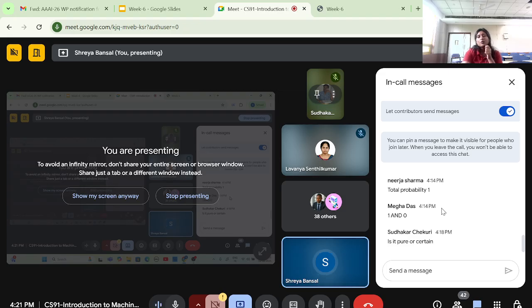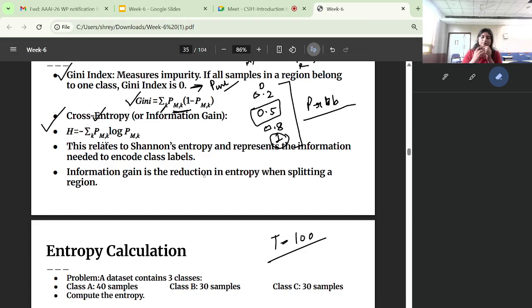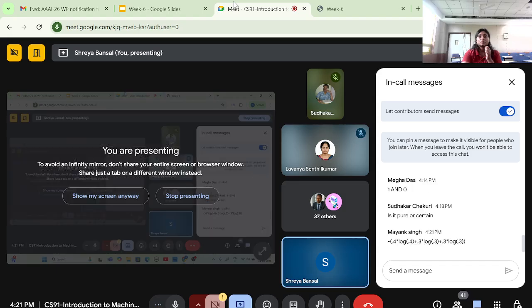You can say pure or certain are the same things. Minus 0.4 log 0.4, 0.3 log 0.3, 0.3 log 0.3.